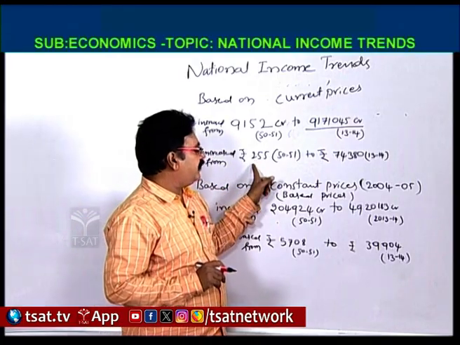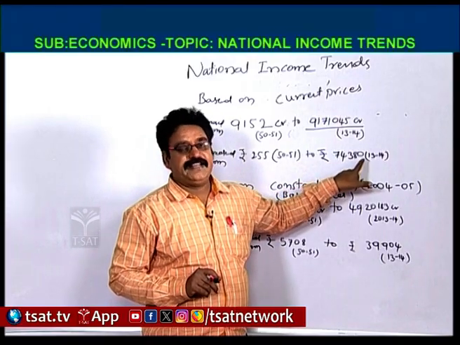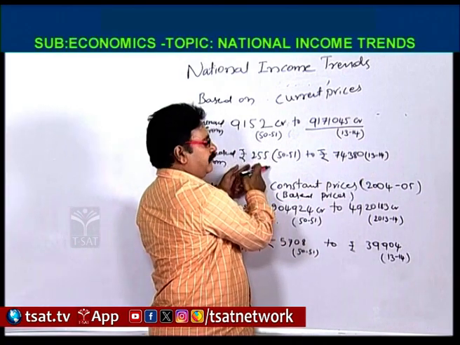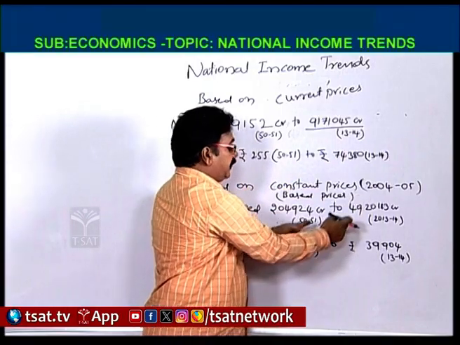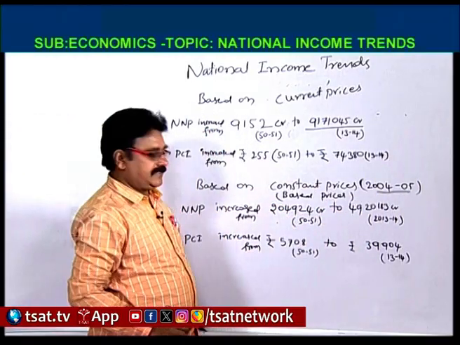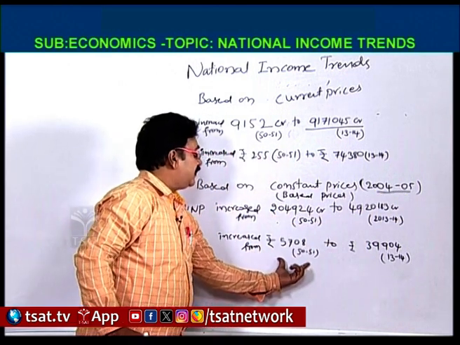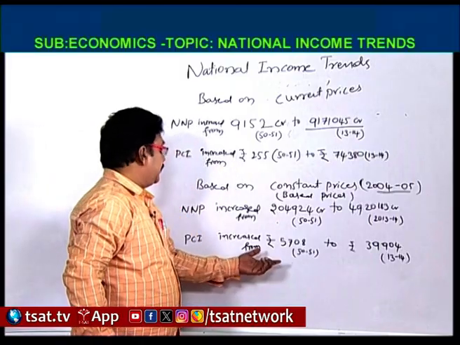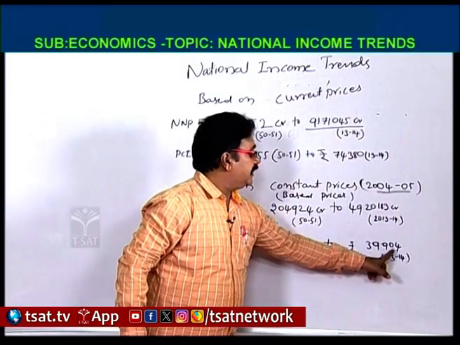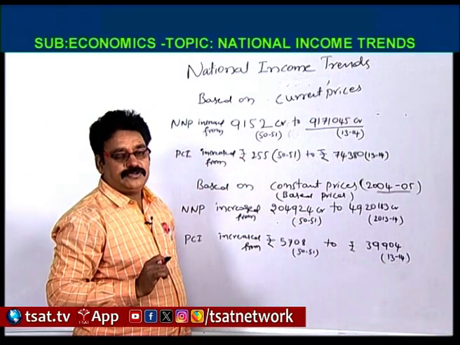It increased from 255 to 74,380 rupees, according to current prices: 50-51 prices here, 13-14 prices there. In the constant price case, according to 2004-5 prices, our per capita income is 5,708 rupees in 50-51, increased to 39,904 rupees in 13-14. These are the trends we have to observe.